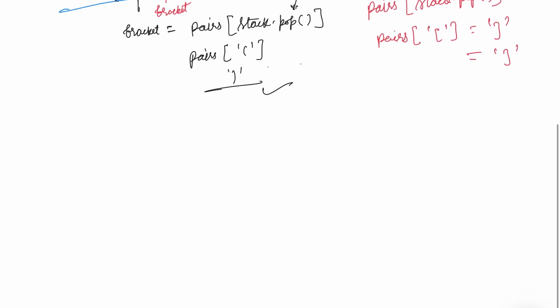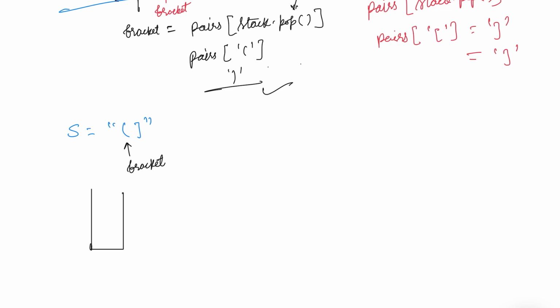Just see another case which will not satisfy, like this one. If the string is this, what we will do is create one stack. Only an opening bracket will go into the stack, because we have to check inside the dictionary key values.